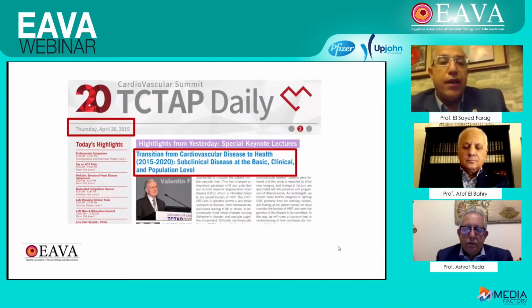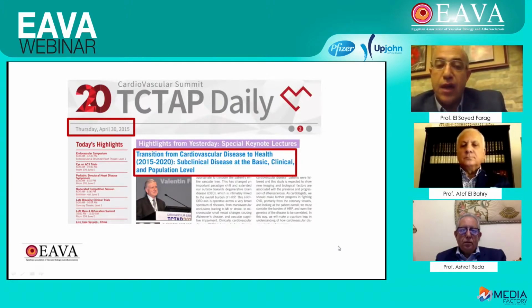In 2015, there was an inspiring statement by Professor Valentin Fuster, who stated the transition from cardiovascular disease to health by using the subclinical disease at basic, clinical, and population level. Really, this statement has a great future prospect.